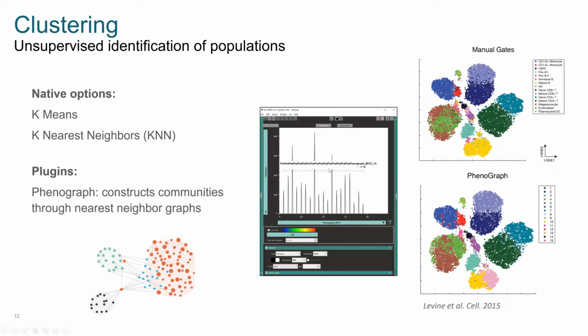It basically just gives them numerical names because the software is not going to know what these populations are biologically, but it does know that for some reason or another, they're very similar, and it's placed them in the same cluster. Right? So when you run your clustering algorithm, it's essentially going to give something like this. It's just going to create, let's say in this instance, 19 different subpopulations or 19 different clusters.